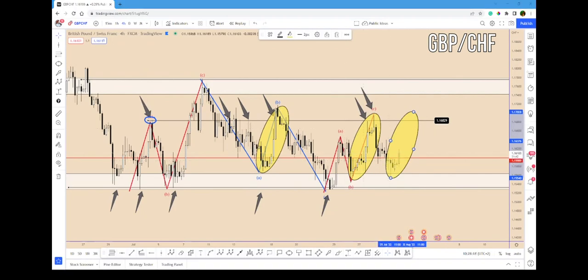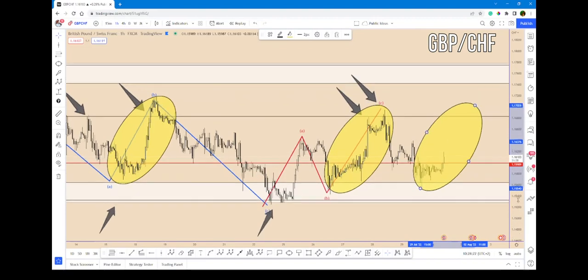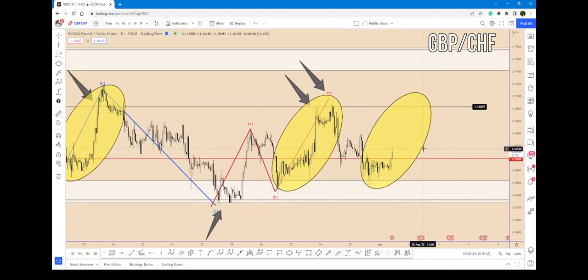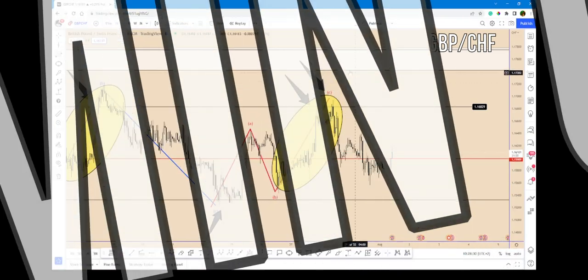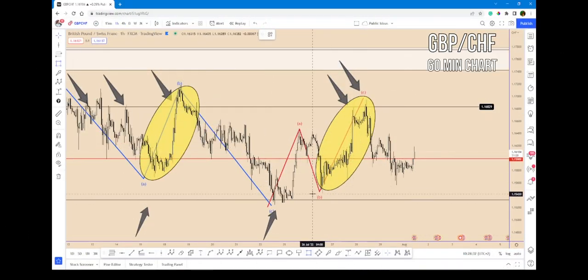So let's break it down now. That is what we are looking at. If I remove this right now, we can see that the lower part of the structure of the smaller pattern was located close to 1.1550, 55 approximately.